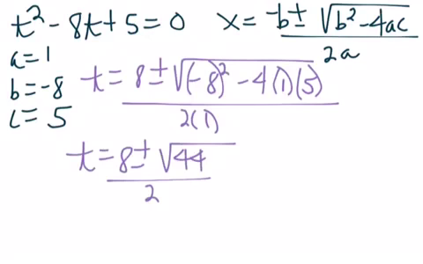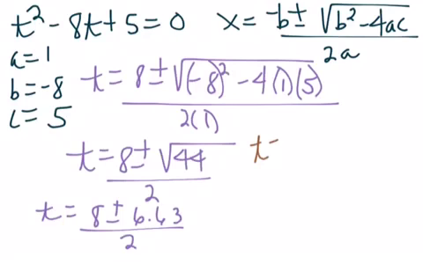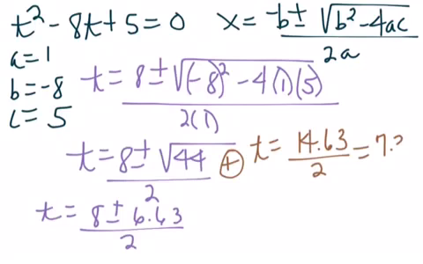So in this case, the square root of 44 is 6.63, divided by 2. So if you do 8 plus 6.63, I'll put plus in a circle, you have 14.63 divided by 2, which is equal to 7.33 seconds.